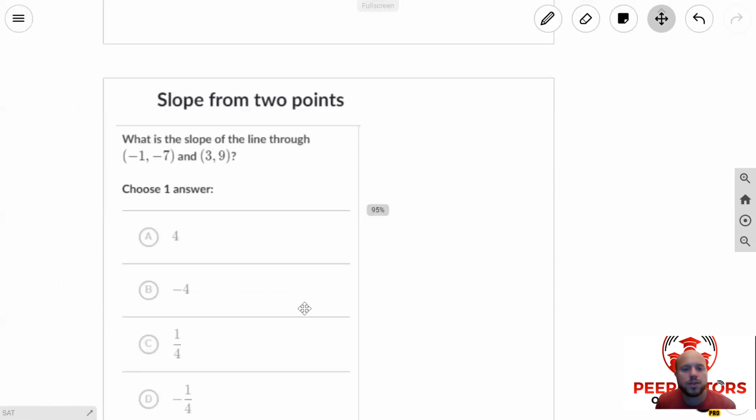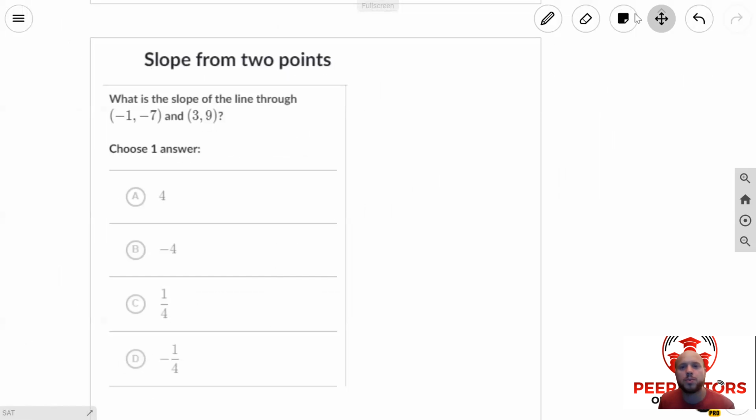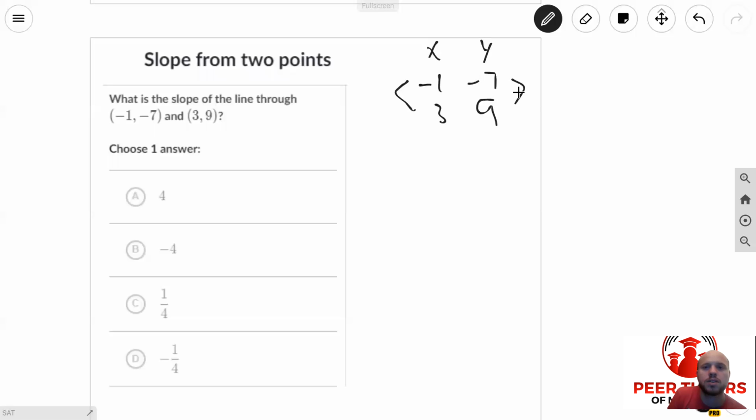All right, the last one for now is the slope from 2 points. So I can actually just set it up like this and then do the table thing. And I could just draw my little lines there.